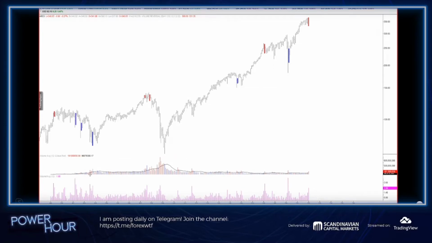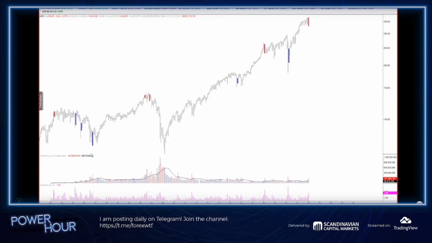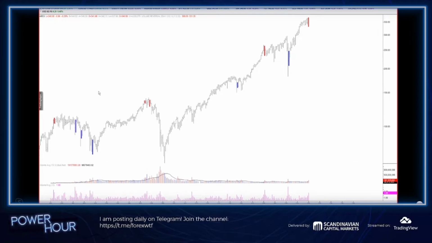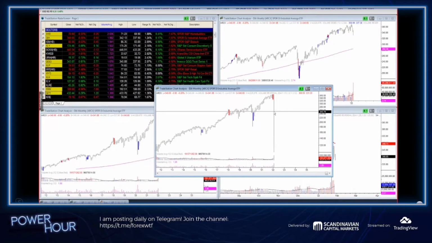I'm going to change it up a little bit here. We usually start by looking at dollar and FX stuff, but I actually want to show you some long-term charts of some equity ETFs with my volume indicators.